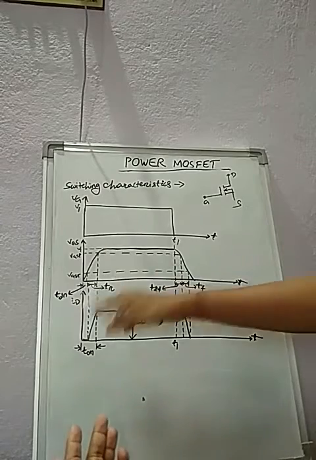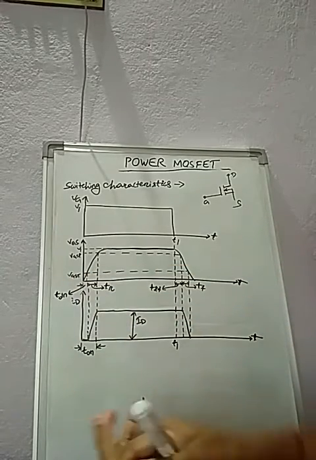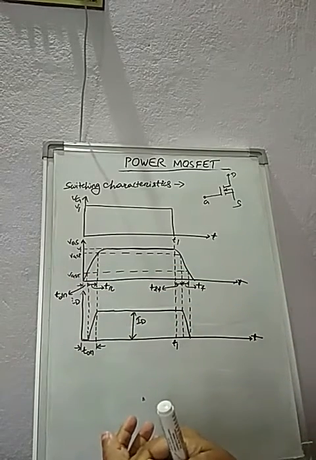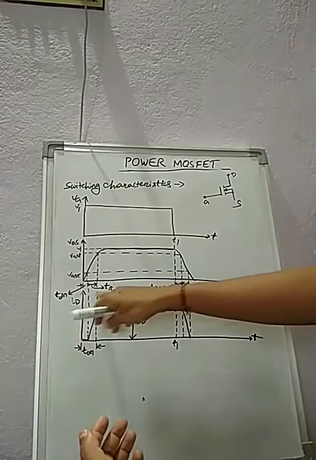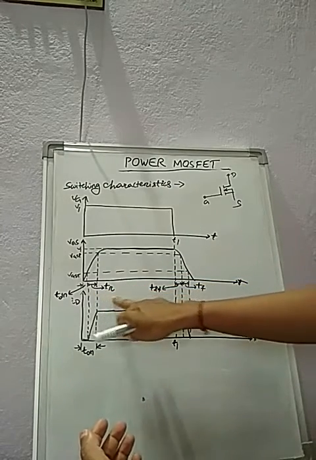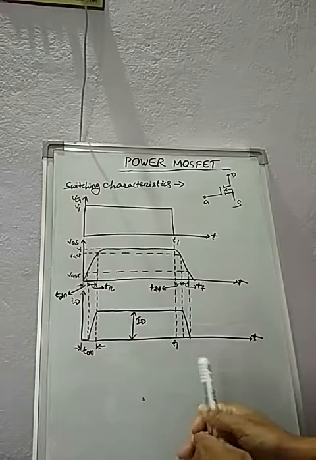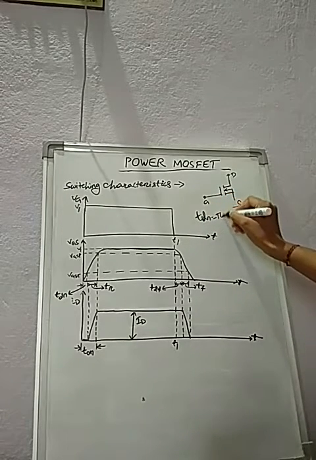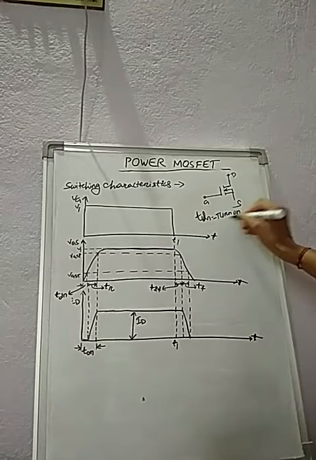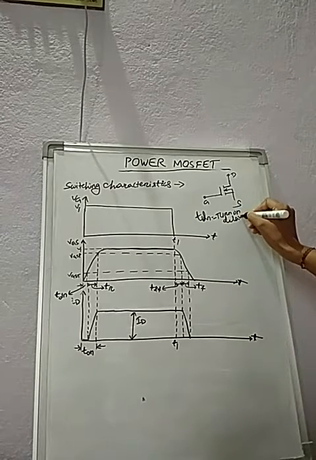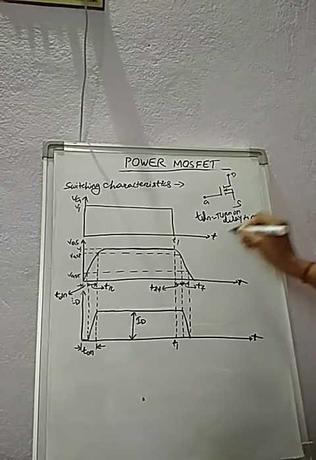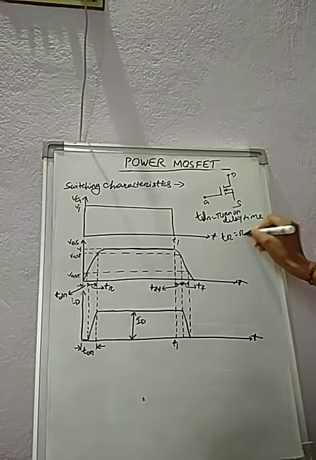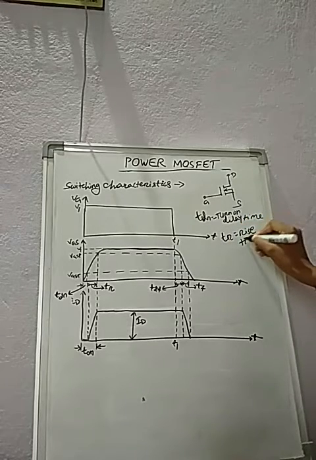So this TDN is known as the turn on delay time. Then there is another time, that is TR. TDN is equal to turn on delay time. TR is equal to rise time.